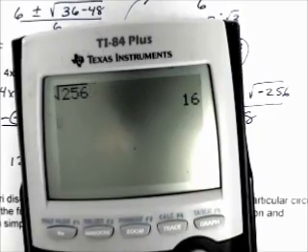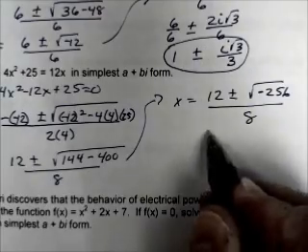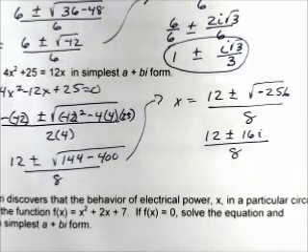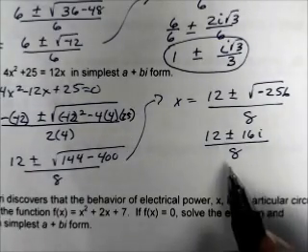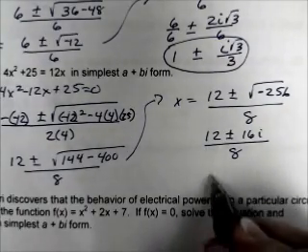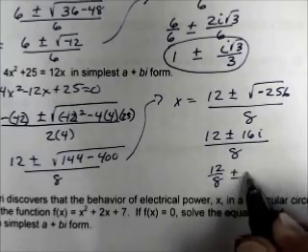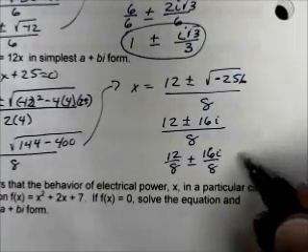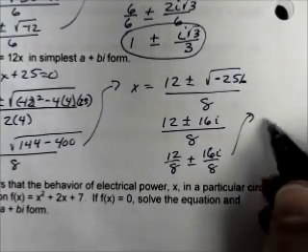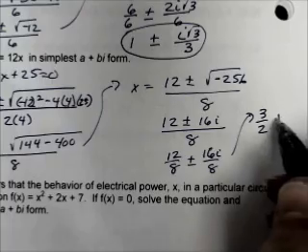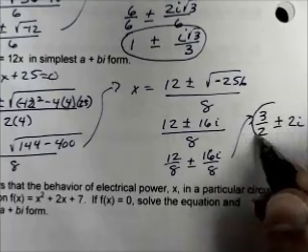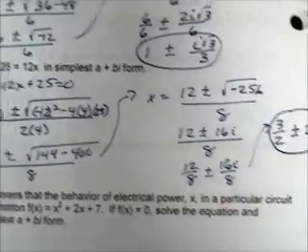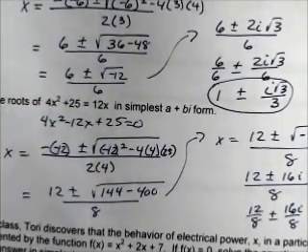Square root of 256 is 16. This is 12 plus or minus 16i, all divided by 8. Splitting it up, 12 over 8 plus or minus 16i over 8. That's 3 over 2 plus or minus 2i. So this is the complex root of this quadratic equation.